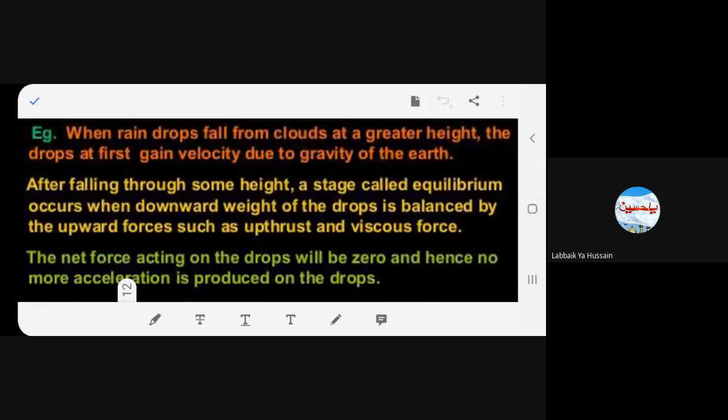After falling through some height, a stage called equilibrium occurs when the downward weight of the drops is balanced by upward forces such as upthrust and viscous force.